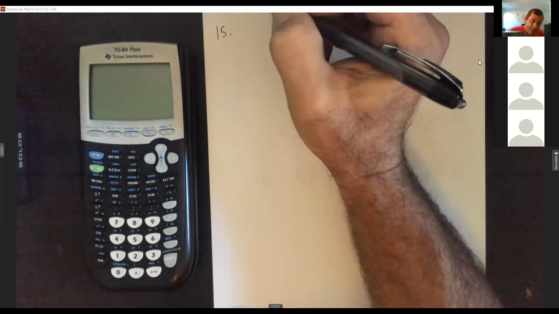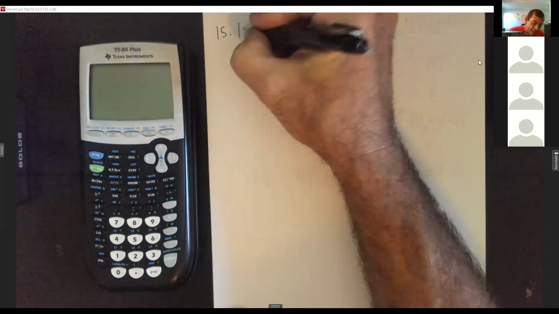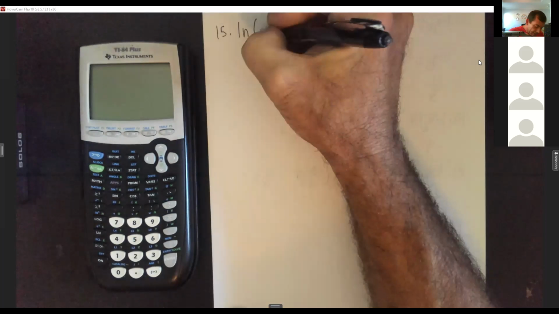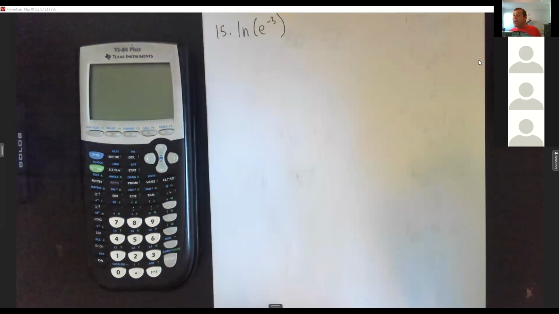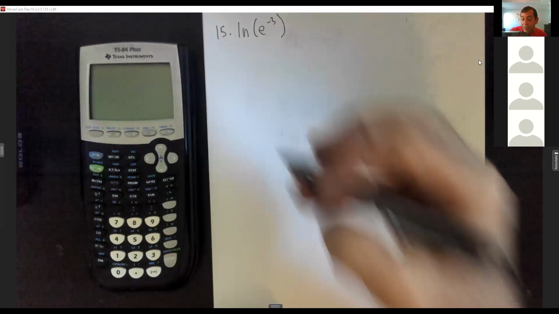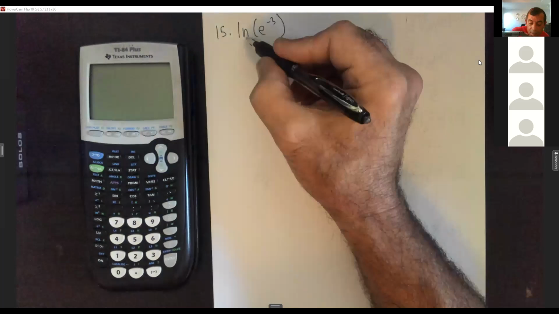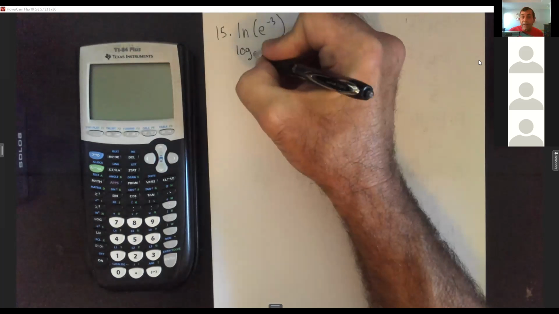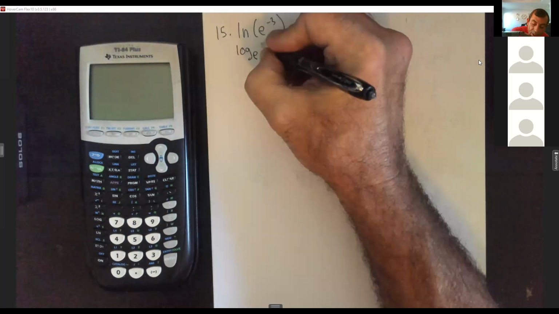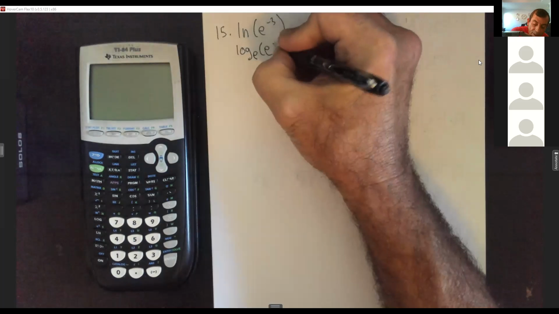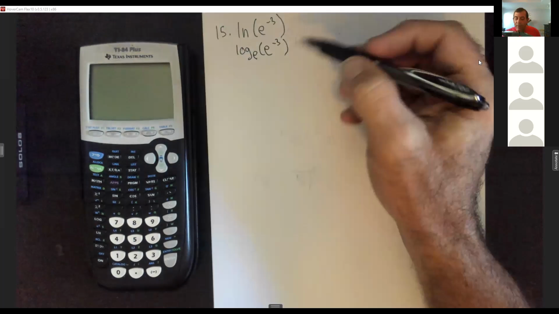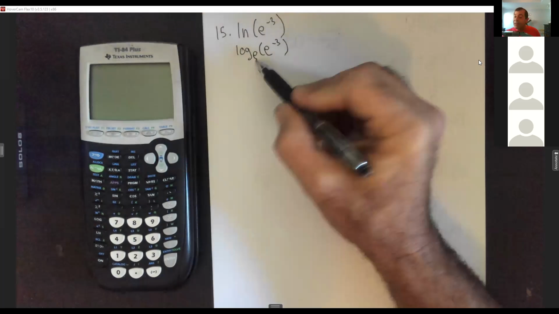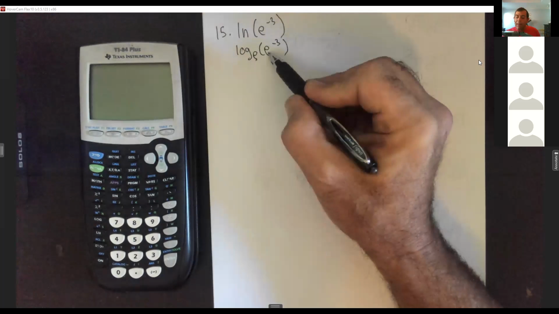How about this? Ln of E to the -3rd. So if you remember, and I told you Ln was a log base E, and then we got our E to the -3rd. Well, here we go. My base matches the base of that result.